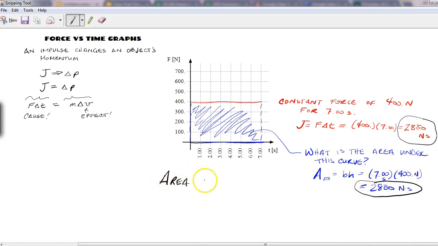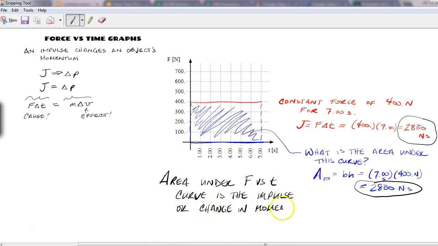Again, there is a different option for trying to do this if you have a variable force, which usually involves a table, which you're going to see later on. But for now, we're going to restrict ourselves to what happens if you only have a graph. So that's the important point.